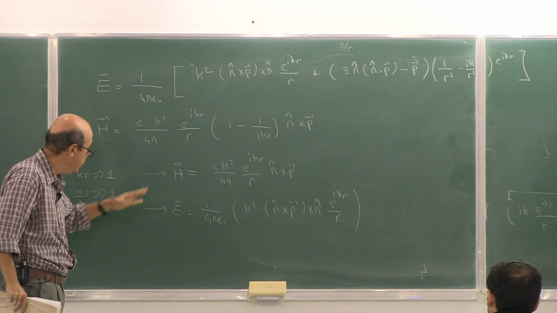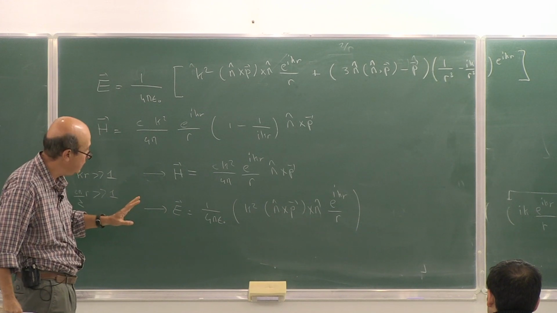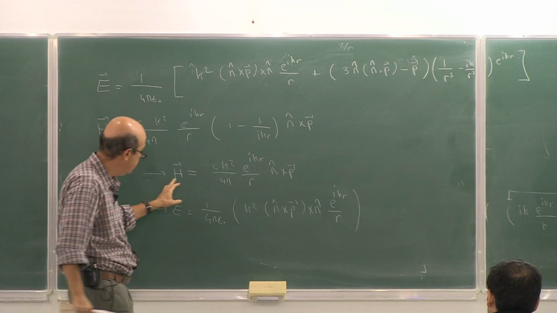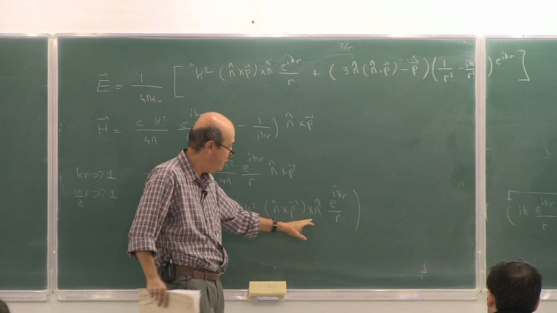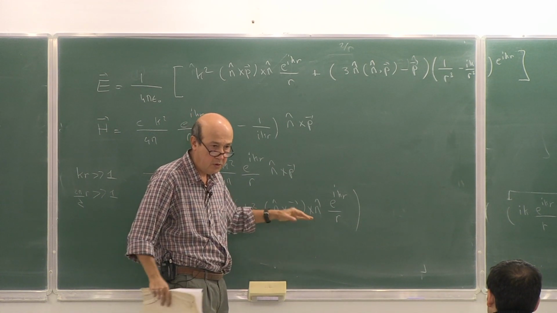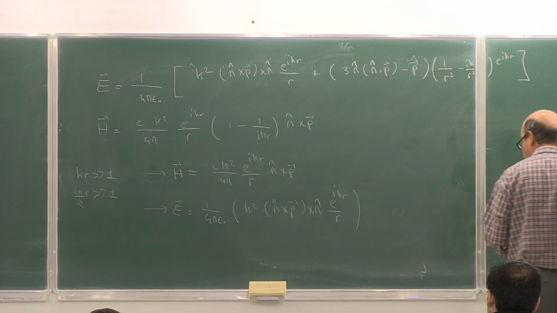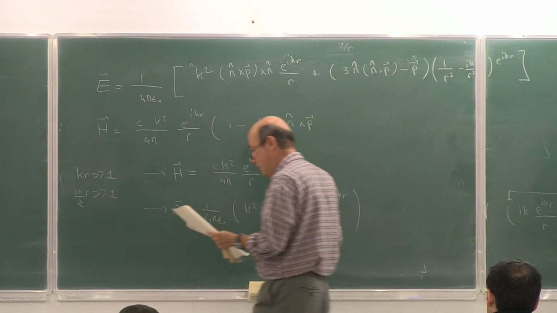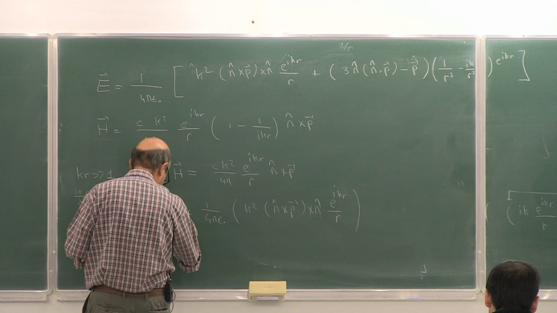So can you make a connection between the E and H? If you look carefully, you have n cross P in the H, and in the E you have one more cross product. So you can plug these things together. If you do, you will obtain the following. So let me do it for you. This is the important point.